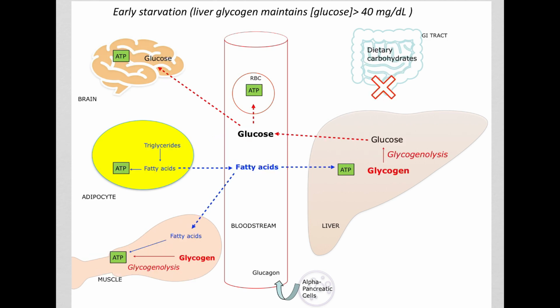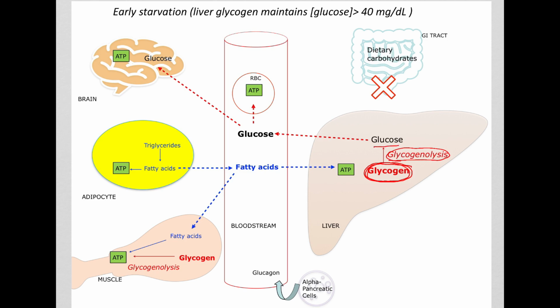So what about early starvation, the 2 or 3 a.m. in the morning when you are fast asleep, or between meals? What maintains your blood glucose greater than 40? And the answer is liver glycogen breakdown. The breakdown of liver glycogen by a process that we'll talk about, glycogenolysis.